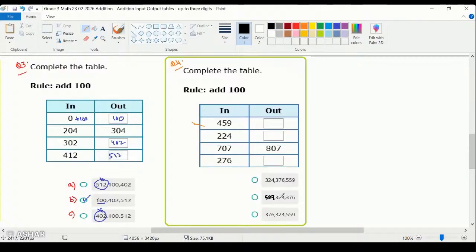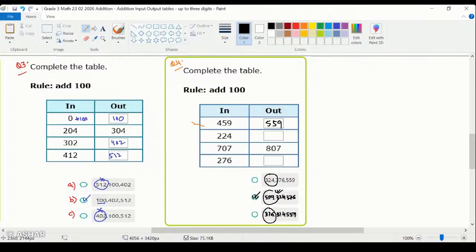559, 324, 376. 376, 324, 559. We'll just know with the first one. This becomes 559. Where do we see 559 on the first value? Only over here. That means option B is the correct answer. Okay. Yes, Rebecca.